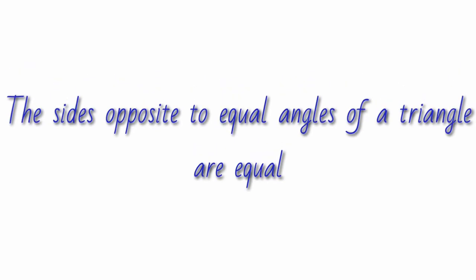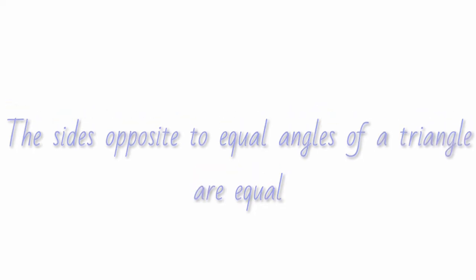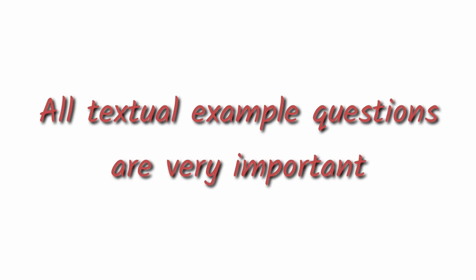The second property, the sides opposite to equal angles of a triangle are equal. You have to study all the problems in these sections very well. Here also, all the example questions are very important.